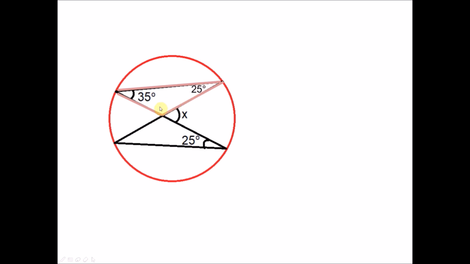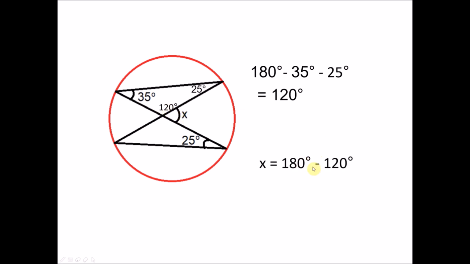So to find this angle, we take 180 minus 35 minus 25, which is 120. So we know that here is 120. And since this is a straight line, to find x, you take 180 minus 120, which is 60.